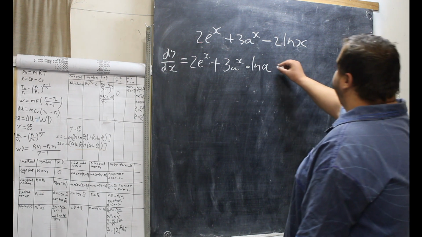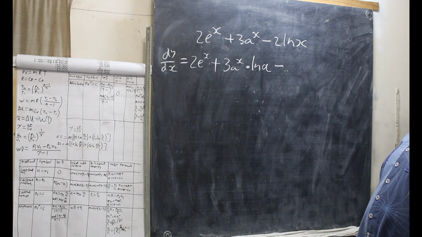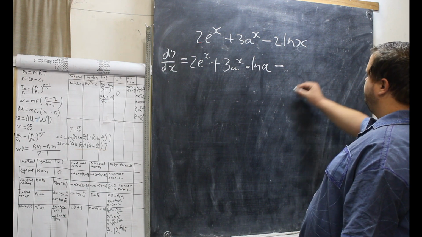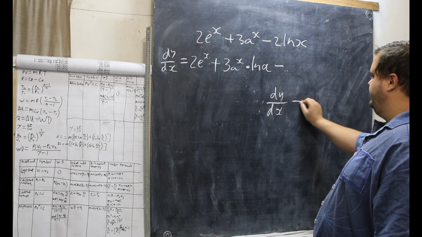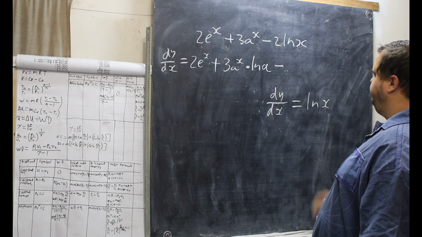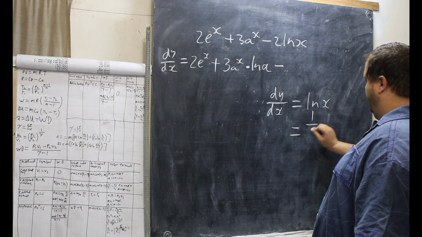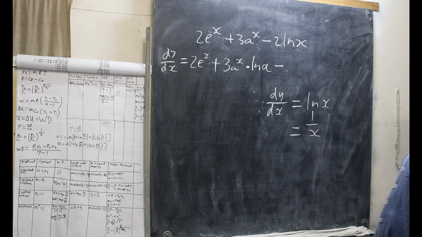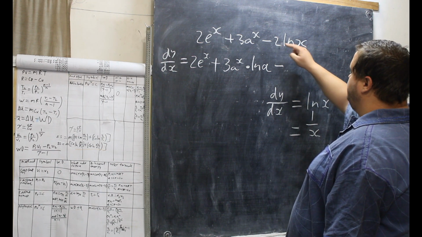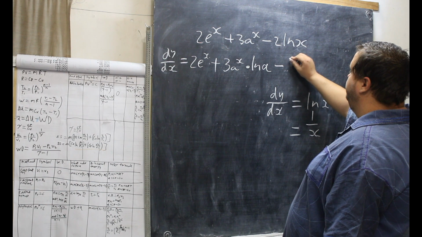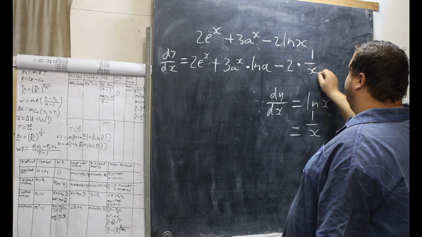The next part. Now, ln on its own, if you're just given y equals ln x, the dy over dx of ln x is 1 over x. So we will have, now it's multiplied by 2, so it'll be 2 times 1 over x.